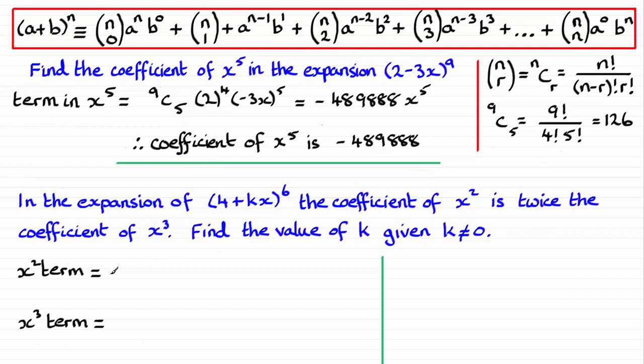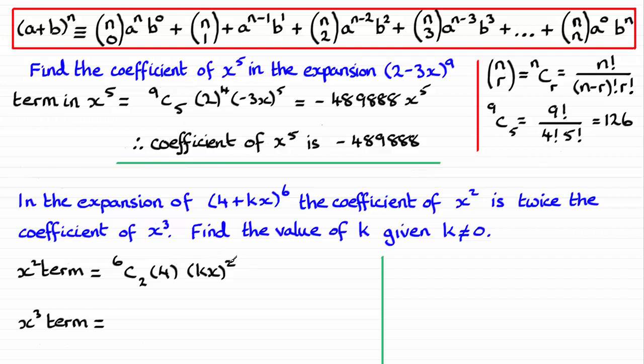So for the x squared term, it's going to have the b value as (kx) all squared. So I'll just put that in there. It's going to be nC something, n being the 6. We want the squared term, so it's going to be the same as that value there. r is going to be 2. We need the a value, which is 4. And what power do we raise that to?